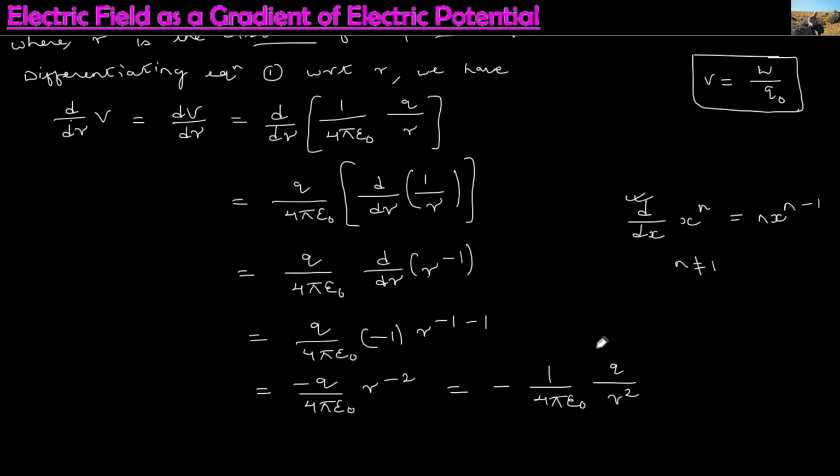So we have come across this relationship. What is that relation? That relation is nothing but the electric field due to a point charge. If we recall our previous knowledge, the electric field due to a point charge takes this formula: E equals 1 by 4 pi epsilon naught, Q divided by r square.